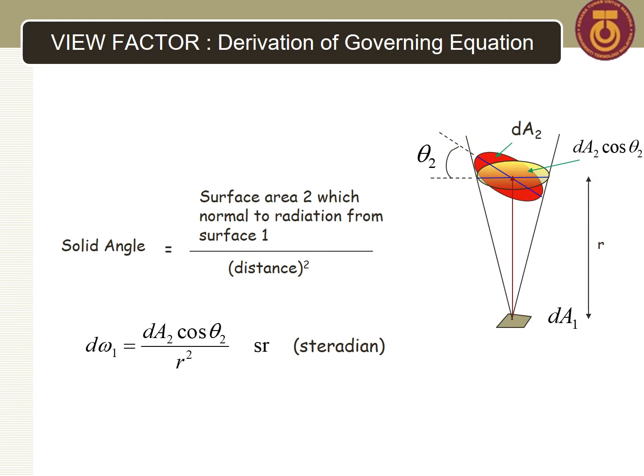The next few slides explain the derivation of the governing equation in calculating the view factor. I'm going to skip the detailed explanation. You can go through them by referring to the textbook.